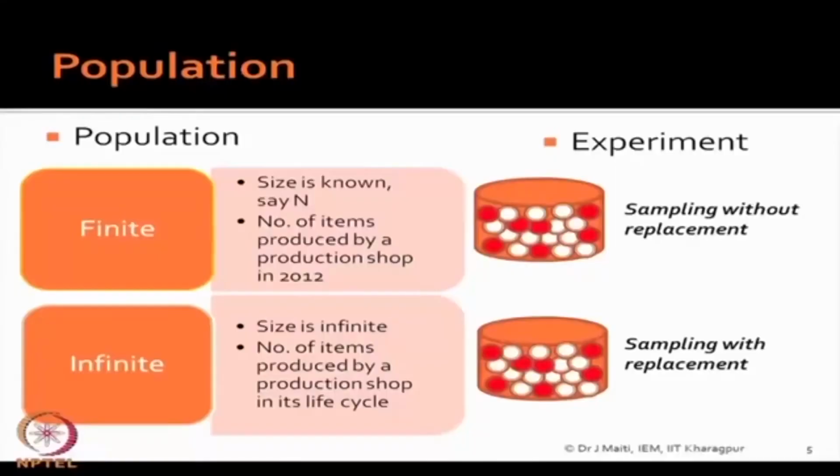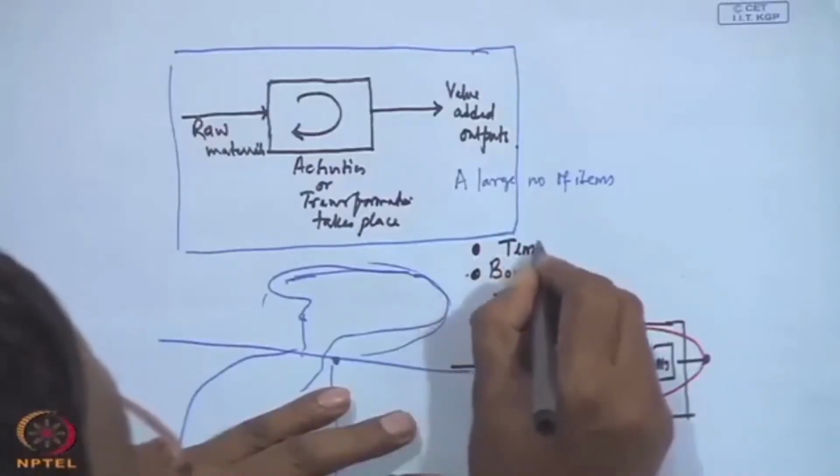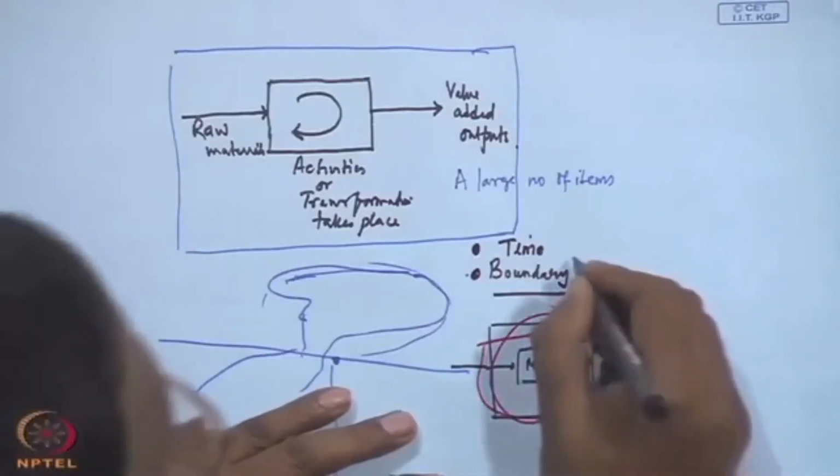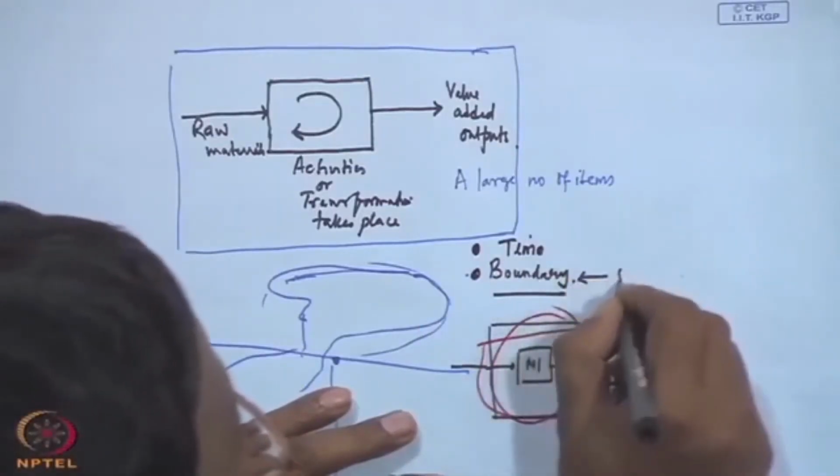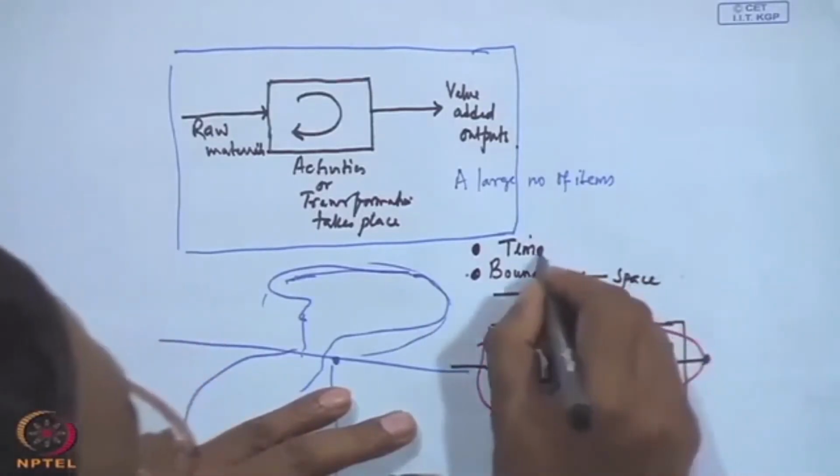So, time is another aspect which is also used to define the population. One is the boundary, another is the time. Boundary means the space boundary, and time is the time boundary.